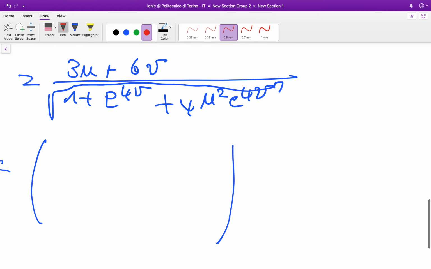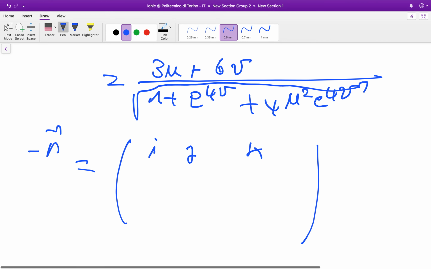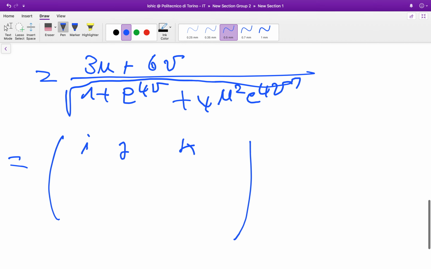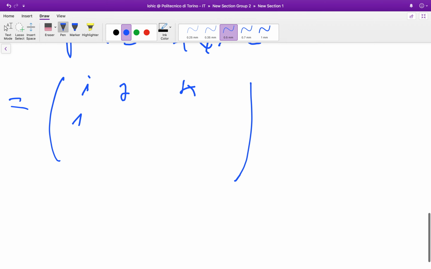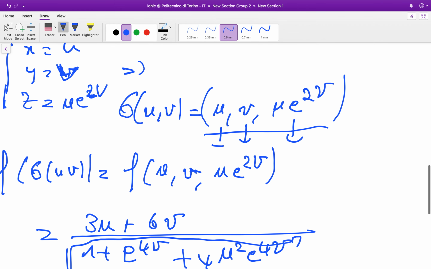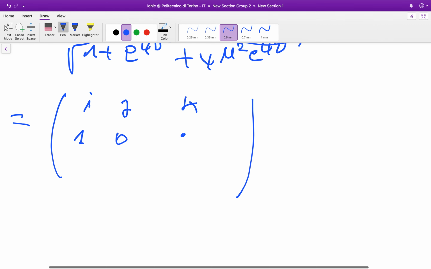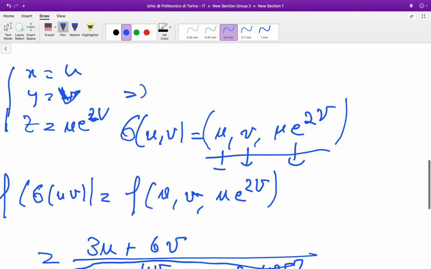So to get my n here, I just write i, j, and k, and derive the three components of the surface with respect to u. It will be 1, 0, and the derivative of this with respect to u is exponential of 2v, right? Doubts?